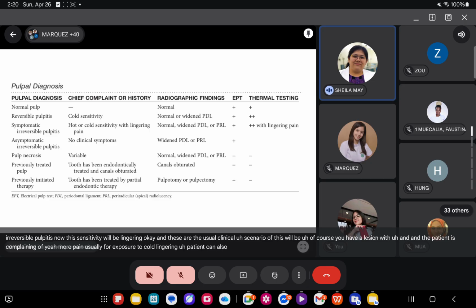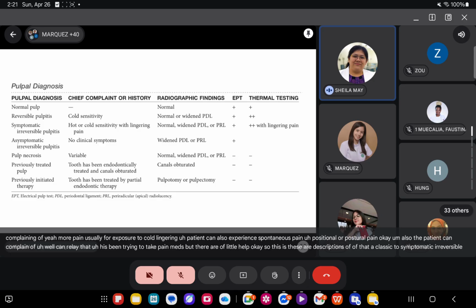The patient can also experience spontaneous pain, positional or postural pain. Also, the patient can relay that he's been trying to take pain meds, but they are of little help. Okay, so these are descriptions that are classic to symptomatic irreversible pulpitis.